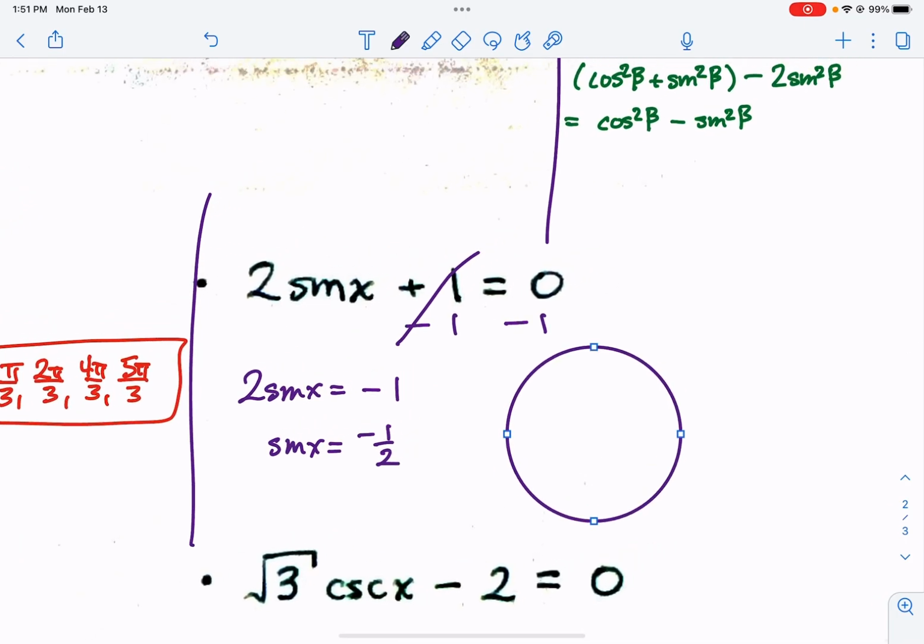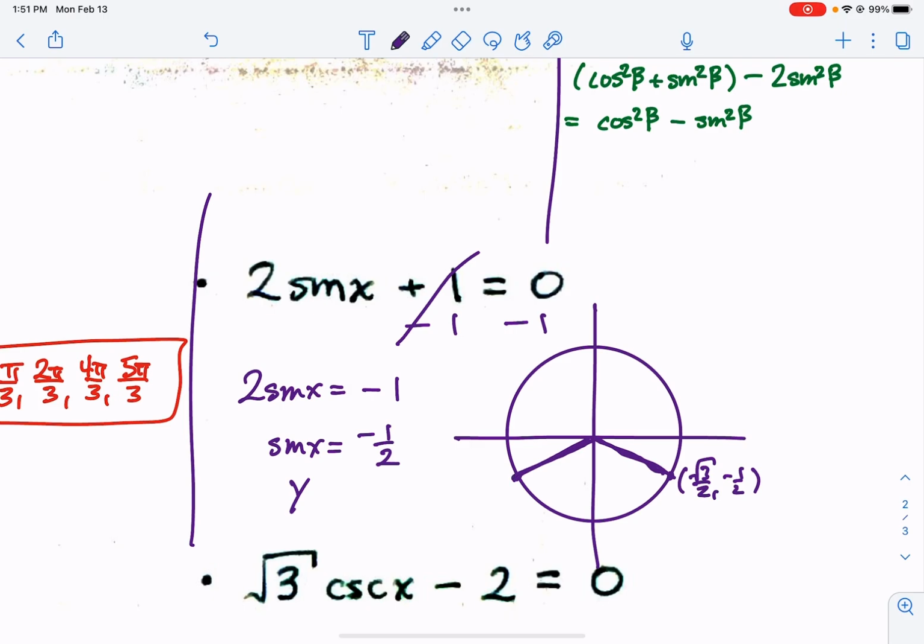Okay, let's draw another unit circle. Remember, sine is the y-coordinate. The only places I can think of where y is negative 1/2 would be around here on the unit circle and around here. The coordinates here are radical 3 over 2, negative 1/2.